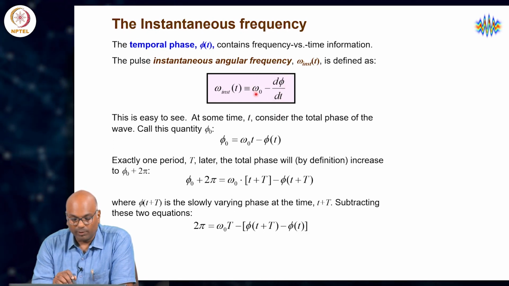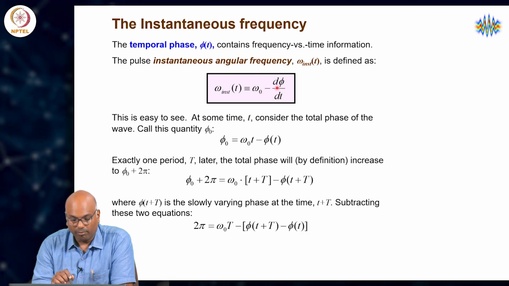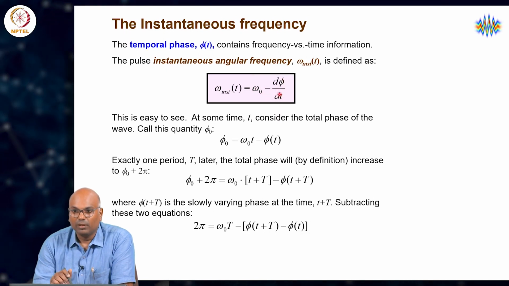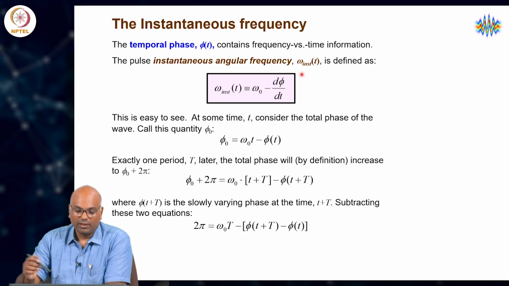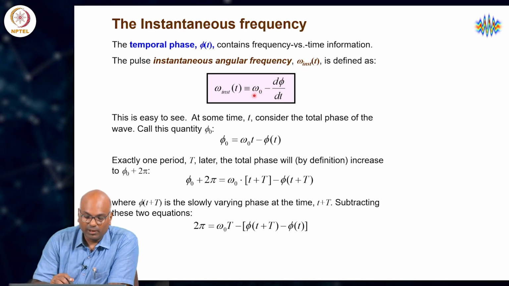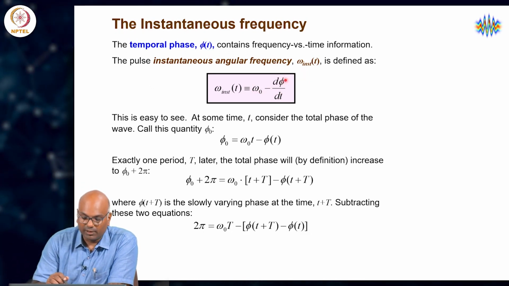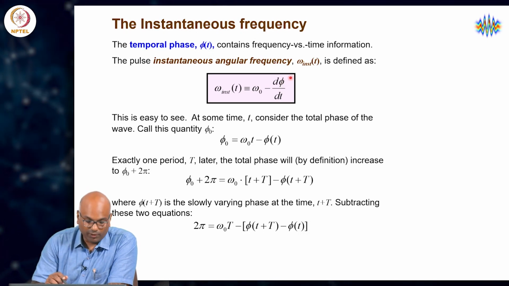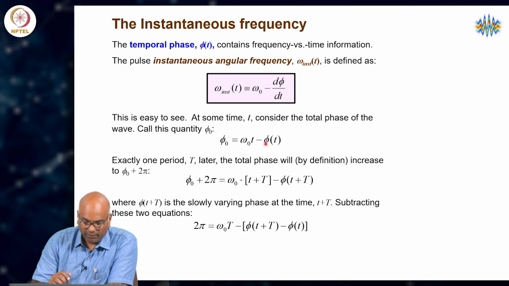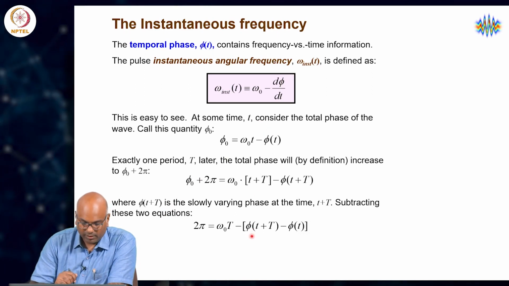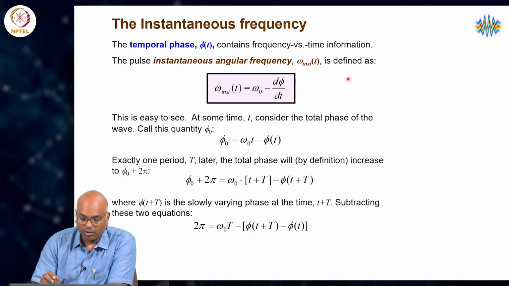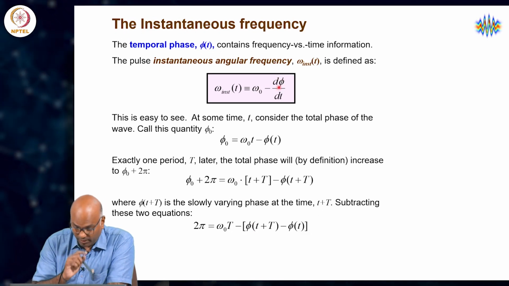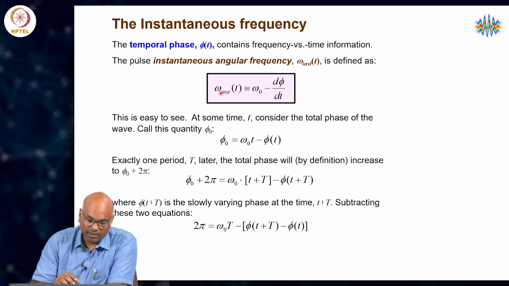The argument was omega naught t minus phi of t. So the first derivative in time of these quantities is omega naught minus d phi by dt. Phi here of course is a function of time alone, phi of t.